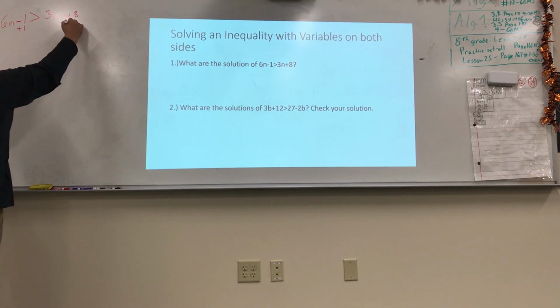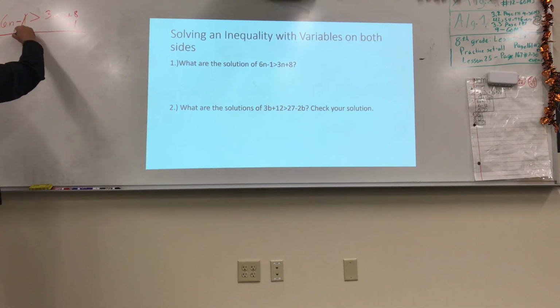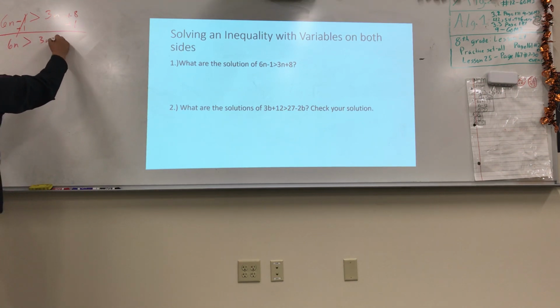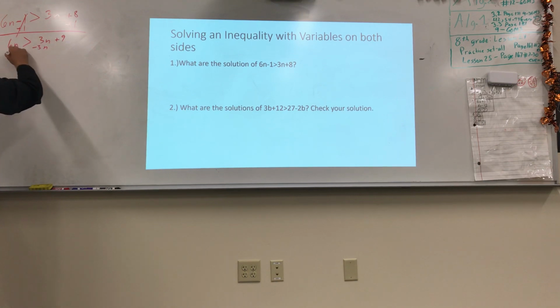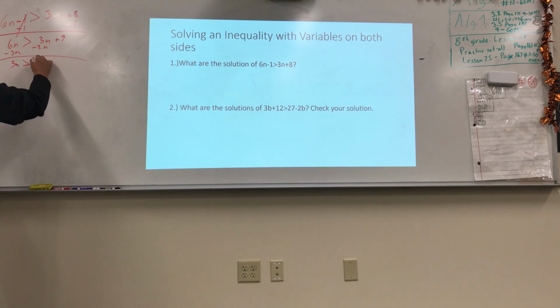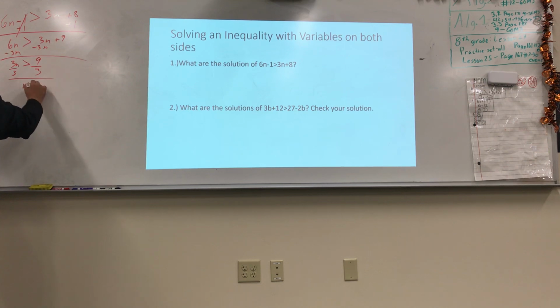Plus 1, do it to both sides, this is gone, leaving me 6n is greater than 3n plus 9. Minus 3n, we're left with 3n is greater than 9. Divide by 3, n is greater than 3. That is my answer for the first one here.